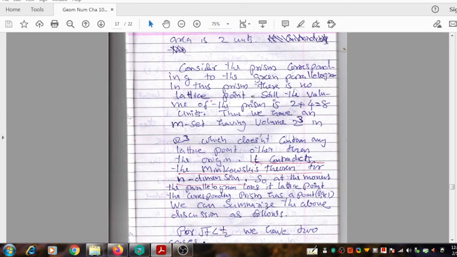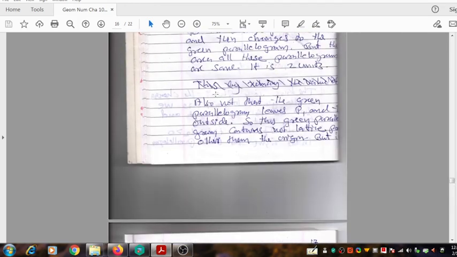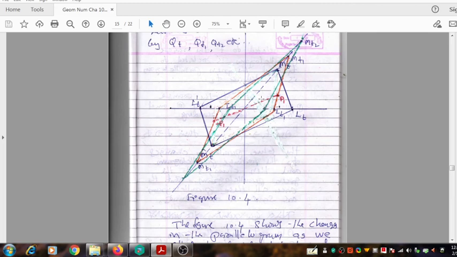Specifically, if we think about that green parallelogram in this prism, there exists no lattice point, because the green parallelogram can avoid the lattice point which we assume to exist initially in the blue parallelogram.